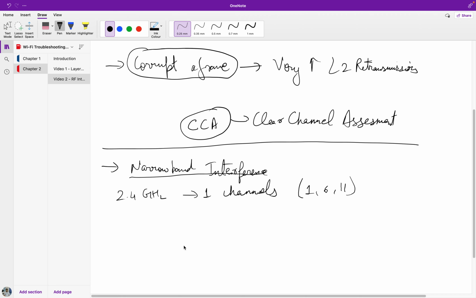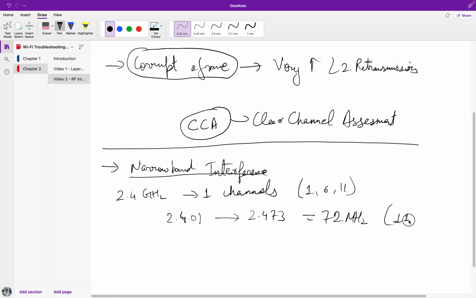Narrowband signals can disrupt one or several frequency channels. Now in 2.4 the frequency range starts from 2.401 to 2.473. This is the 72 megahertz band that we get to transmit data.